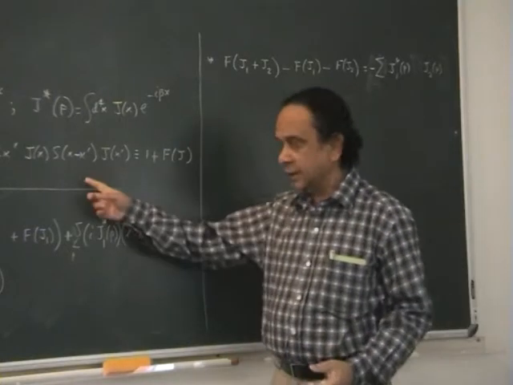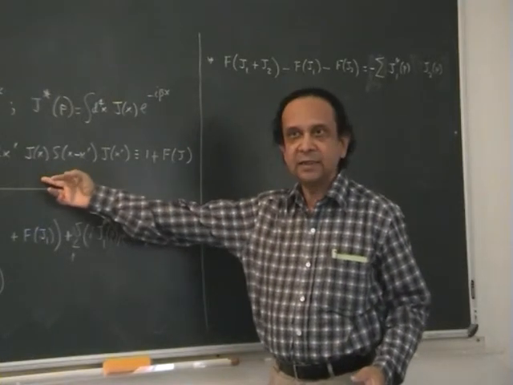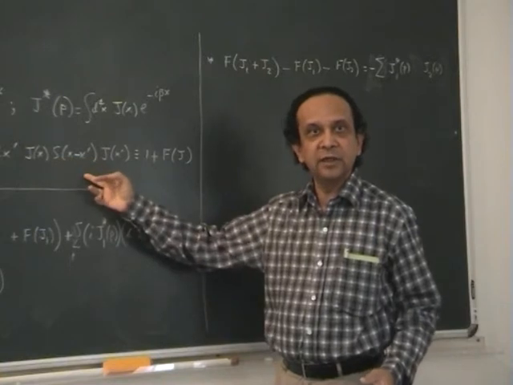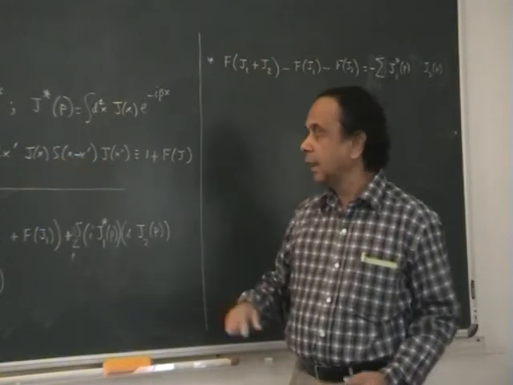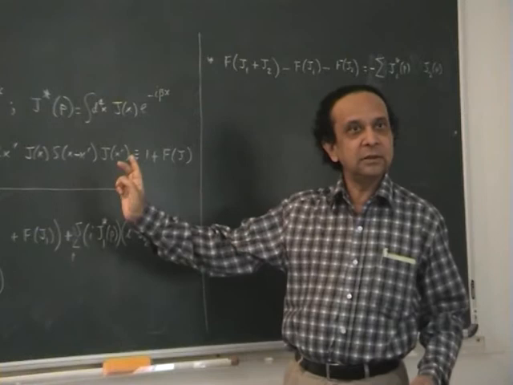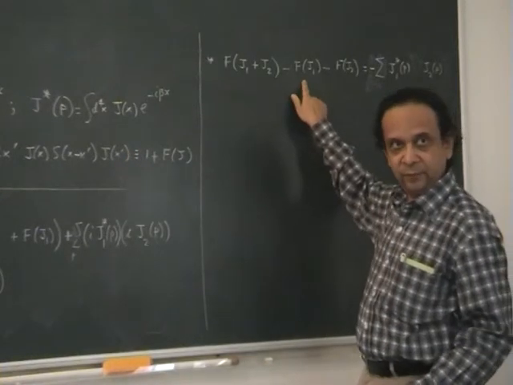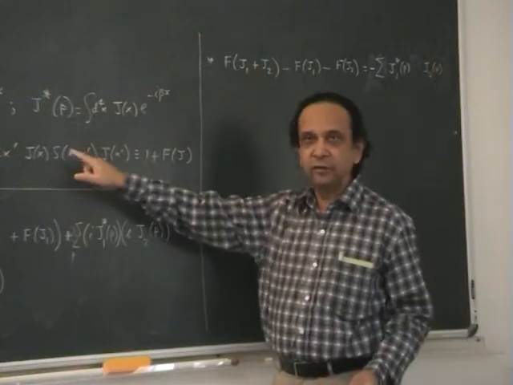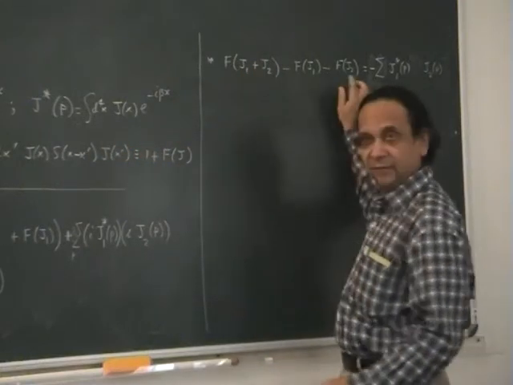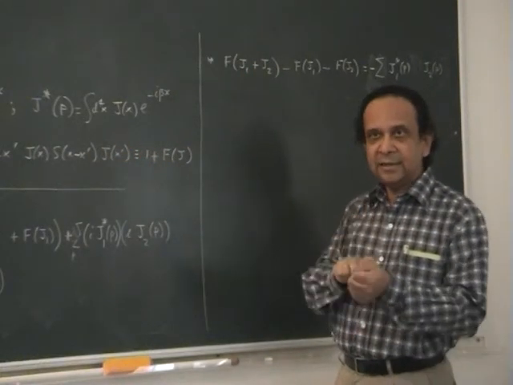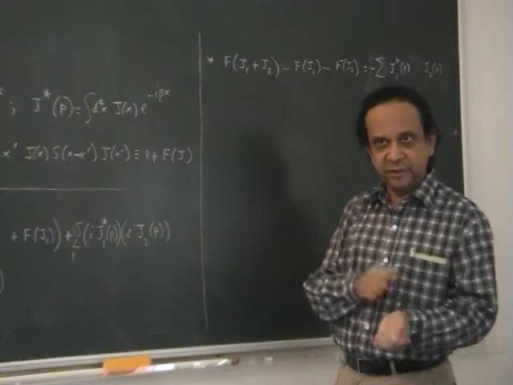Now if you look at this and you substitute for J1 plus J2, firstly there is a J1 term that is going to cancel with this. Then there is going to be a J2 term that is going to cancel with this. Then there is a J1 and a J1 term.